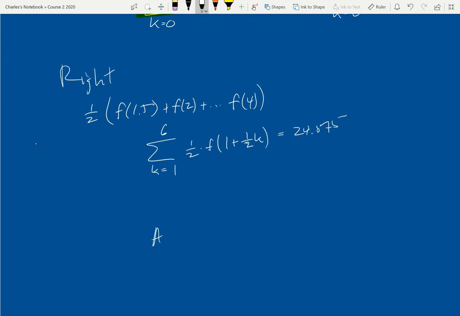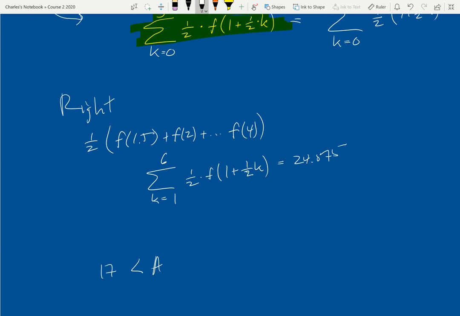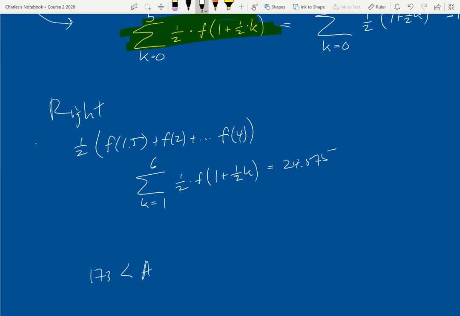The true area A is somewhere greater than 17.375 and it's less than 24.875.